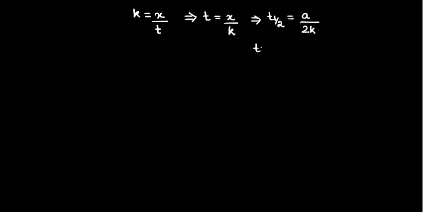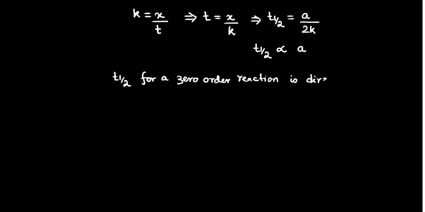So t half we can say is directly proportional to A, right? So what we can deduce from here is that t half for a zero order reaction, or for zero order kinetics, whatever we specify, is directly proportional to the initial concentration of the reactant.